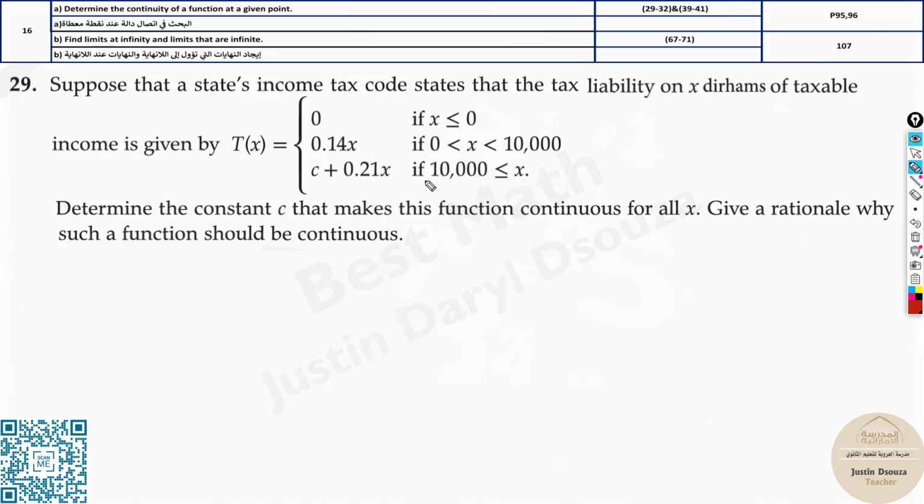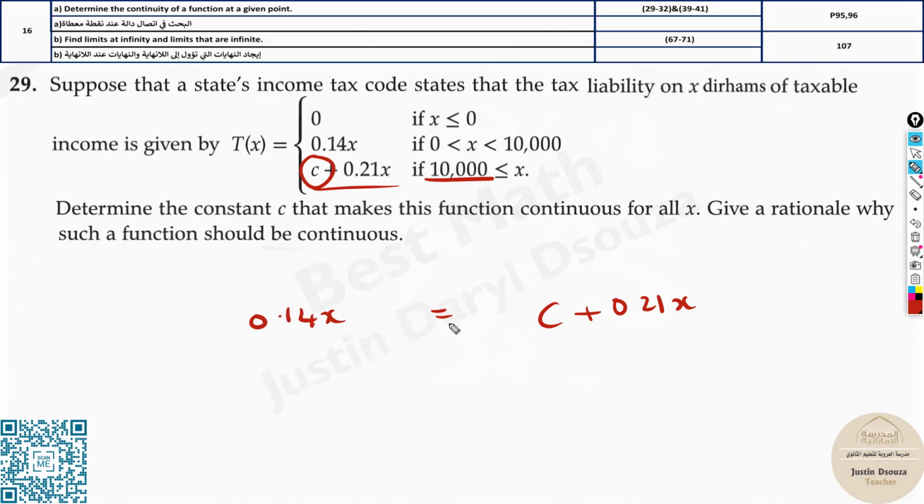Now, how we can solve this is, since there is only one unknown, one constant value C, I'll just consider this equation for sure. C plus 0.21x. But now, how can I solve this? When you consider this 10,000 value, you need to also consider the above equation. What is that? 0.14x.